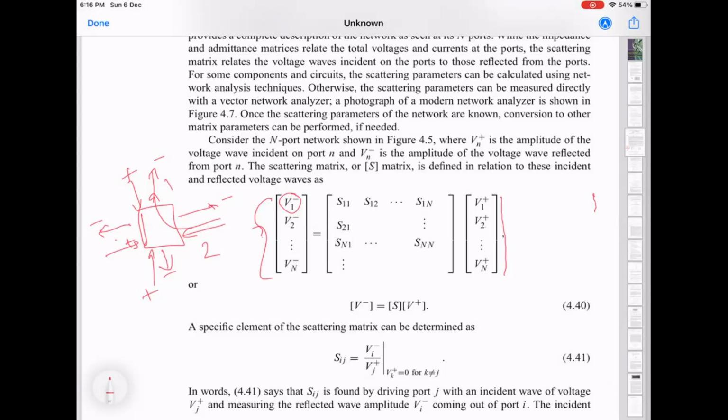I'm just now talking about the convention, because if one just writes down the expression for V1 minus, let's say it's just 2 ports, it is S11 V1 plus S12 V2 plus.